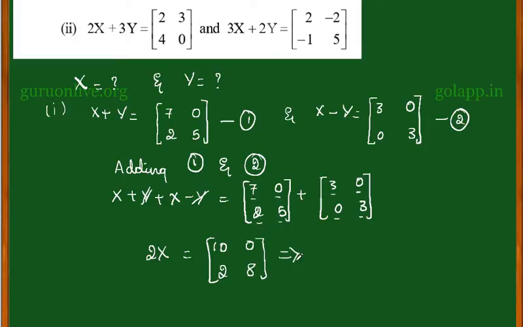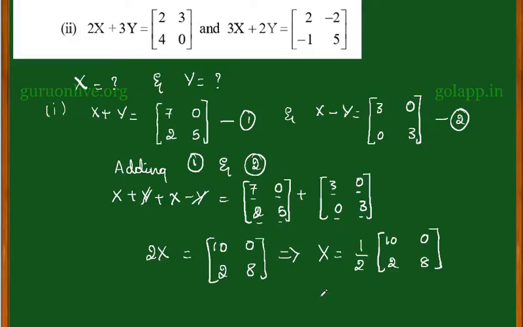So I need to solve for x. So x will be equal to, I can shift this 2 to the RHS, I get 1 by 2 into the matrix 10, 0, 2, 8.